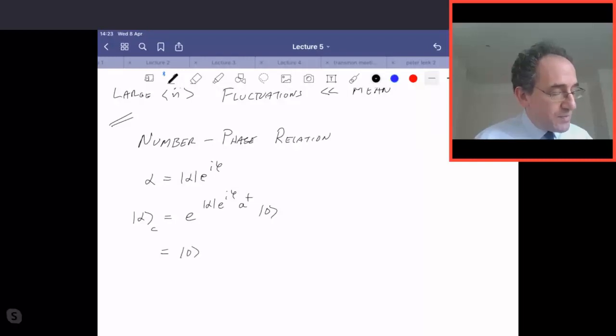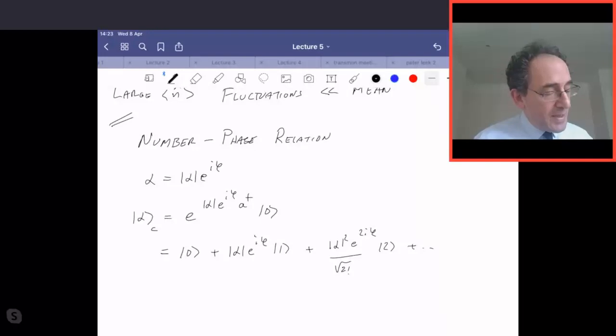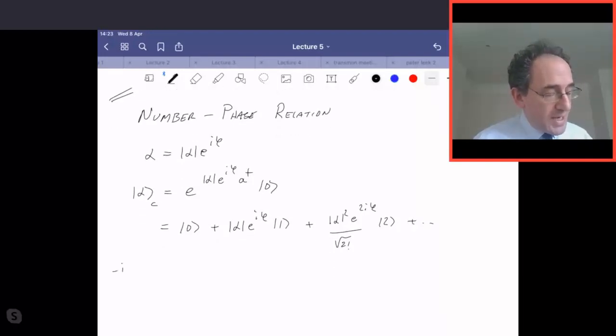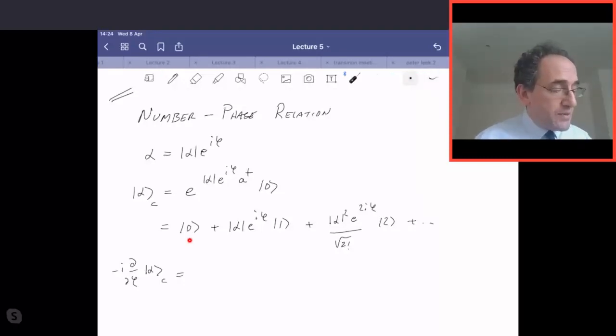So this is 0 plus absolute alpha e to the i phi on the 1 state plus alpha squared e to the 2i phi over the square root of 2 factorial on the 2 state plus and so on. And then if we take minus i d by d phi on the coherent alpha state, well, what happens? When you differentiate the 0 state, which is not dependent on phi at all, you get 0 times the 0 state.